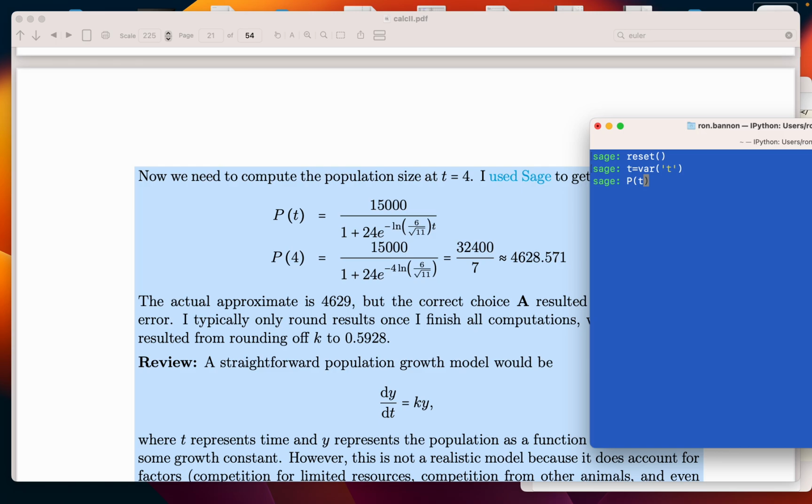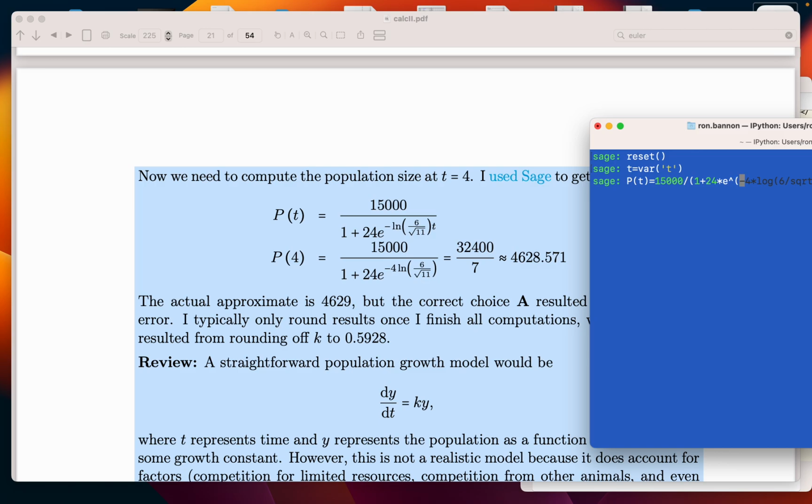It's always a problem when you're typing things in that you've got to type in the right thing. So it's 15,000 divided by 1 plus 24 star e, and then e is going to be raised to a power.